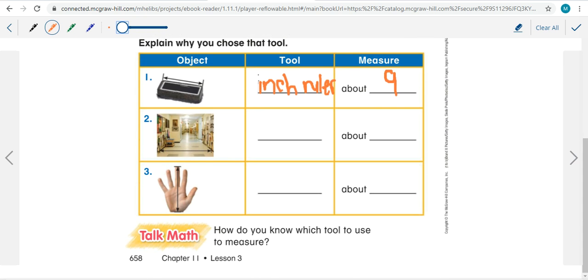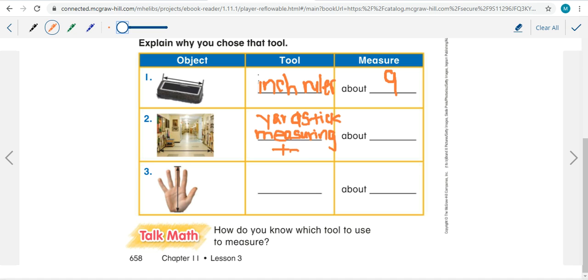Now, the hallway at the school, which measuring tool would you think would be better to measure it? We can use either the yardstick or we can use the measuring tape. So on number 2, you may write yardstick or you may write measuring tape.